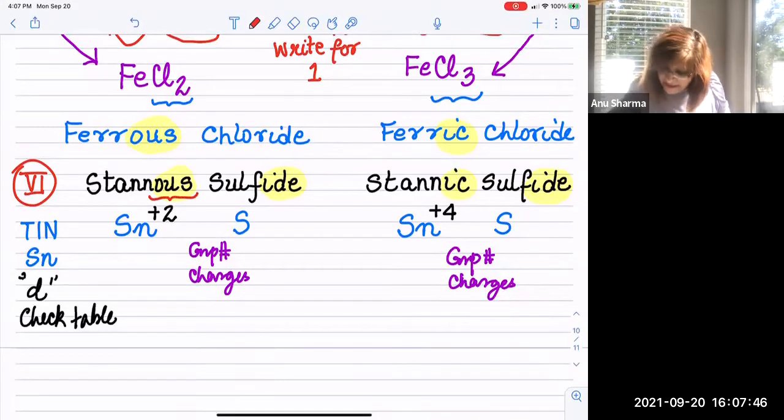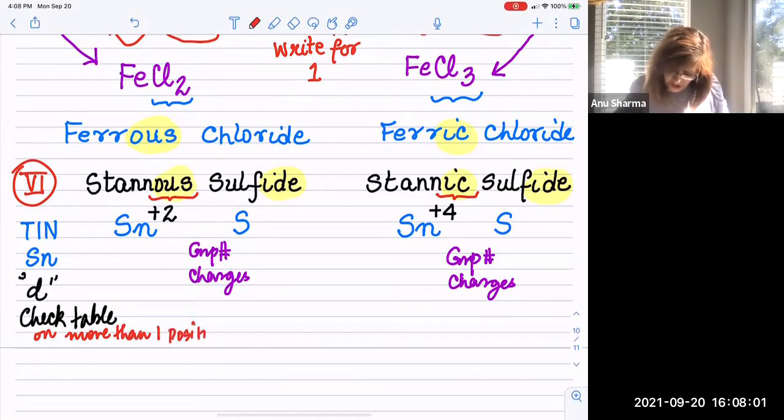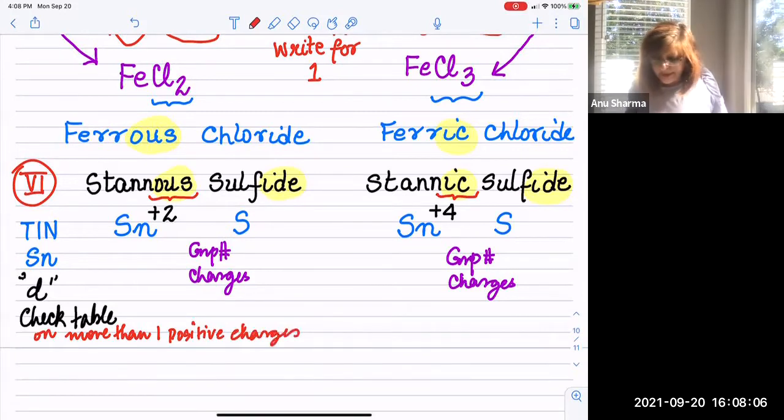Stannic relates to the higher oxidation state. So always check the table for more than one positive charge. There you can get this information.